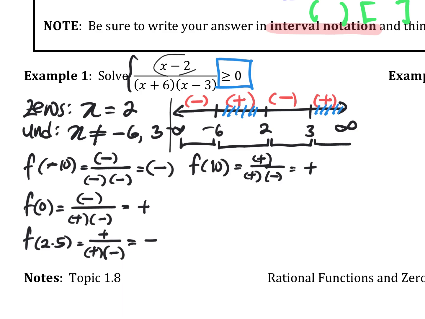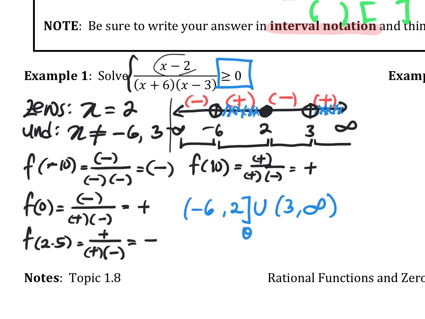Therefore, our answer in here is going to be from negative 6 to, so we're going to use a bracket in here because 2 is actually a 0. Okay, here this is a 0. This is going to be undefined, so they are not part of our solution. And then that's going to be the union of 3 to infinity. Okay, so from here and then here, so it's going to be a union.